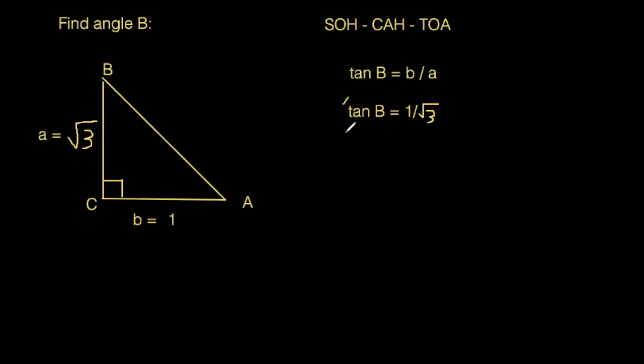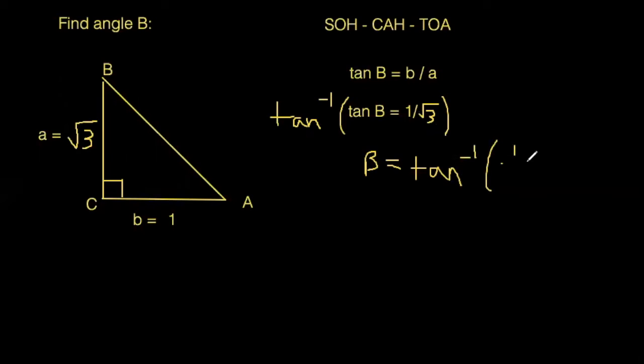The opposite operation of tangent is inverse tangent, so we take the inverse tangent of both sides. On the left side, these two operations cancel each other out. We're left with angle B equals the inverse tangent of 1 over root 3.